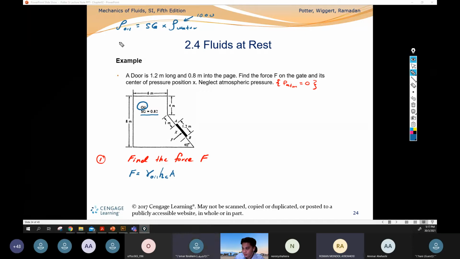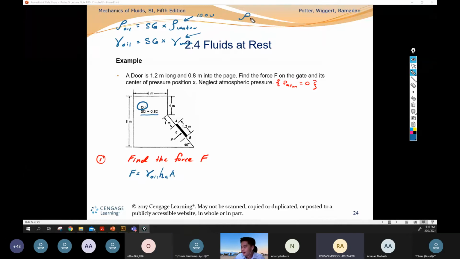If you want to find the gamma of oil, SG multiplied with gamma of water. So what is the gamma of water? 1000 is the density of water.